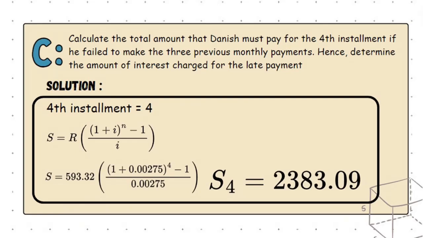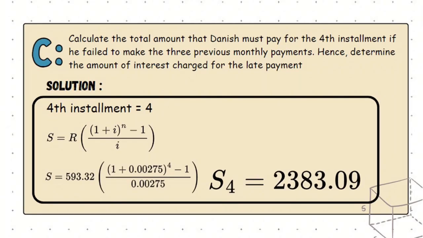So the solution for this question is S equals R bracket (1 plus I) to the power of n minus 1, over I. From the previous question, we know that the value of R is 593 ringgit 32 cents, and the value of I is 0.00275.